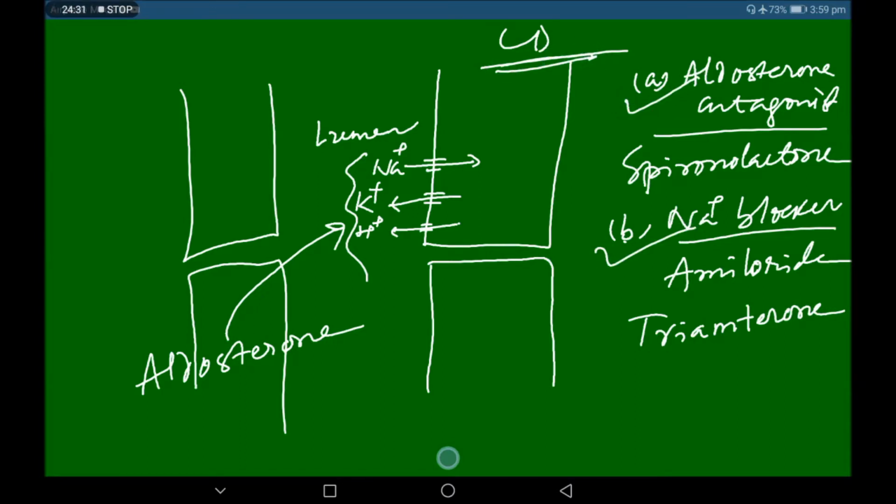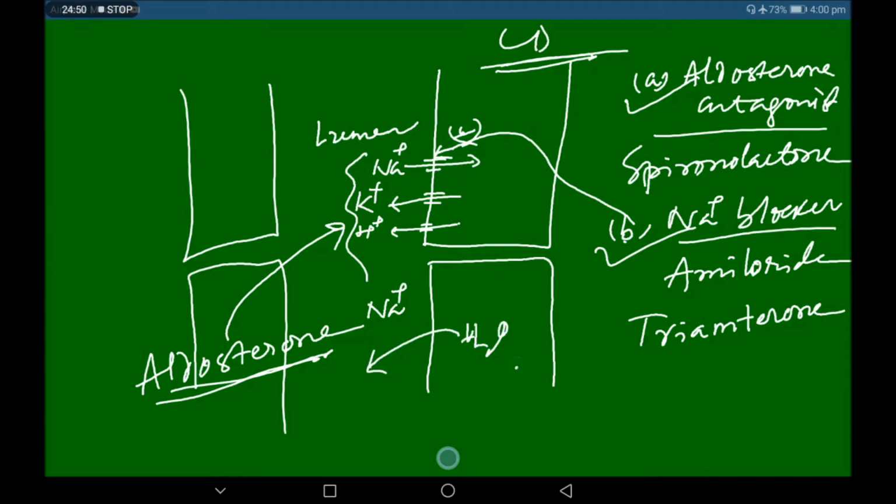One group inhibits the sodium channel and the other inhibits the actions of aldosterone competitively, and there will be an increase in the concentration of sodium, and hence osmosis and flow of water from the tubular cells into the lumen, which causes diuresis. So this is all about the mechanism of action of these drugs.